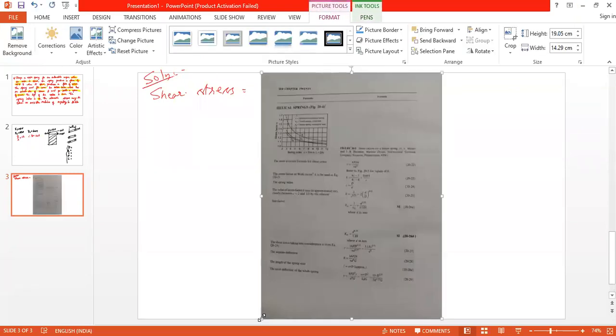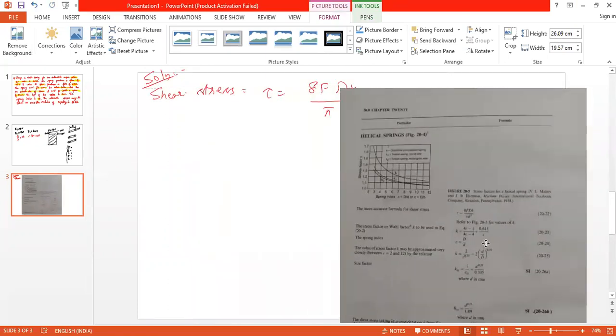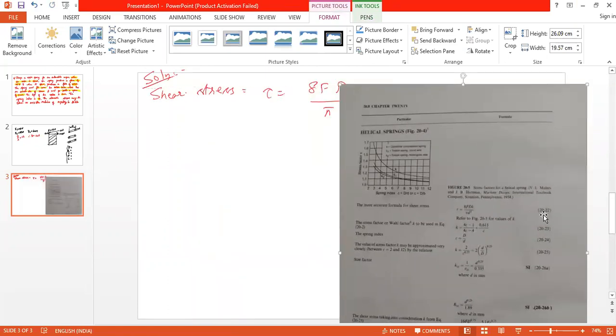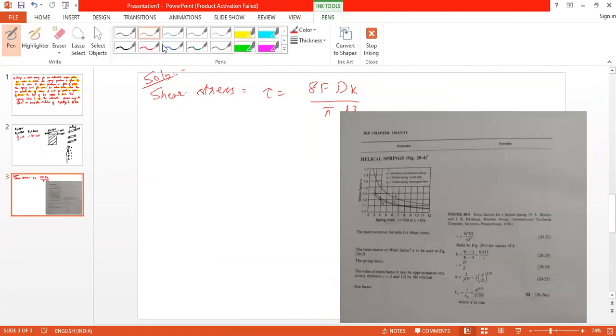Here you can see the equation, tau is equal to 8FDk by pi d cube. That is equation number 20.22.